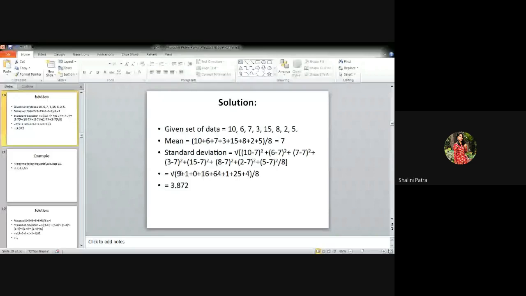Then 24 by 8. When once 9, 1, all these are the numbers, take out the square roots. Last you add these numbers, 9 plus 1, then proceed. You can ask, what is the answer for this particular question?